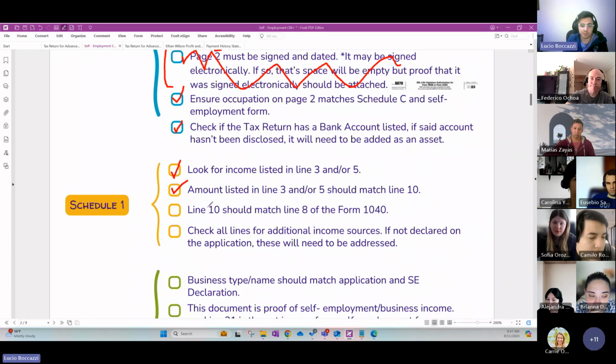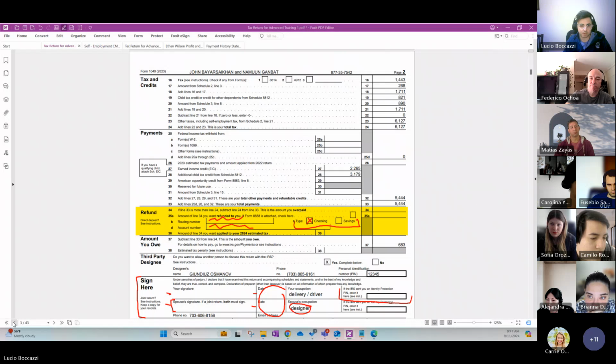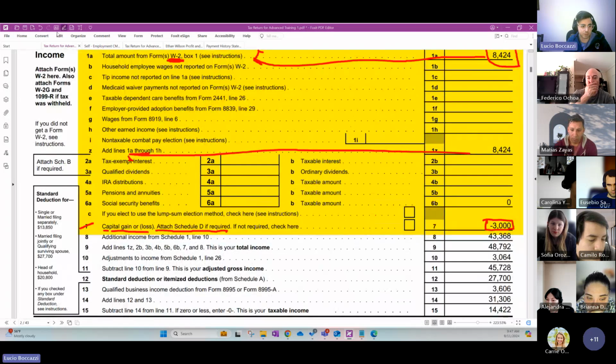And then what it tells us here is that line 10 should also match line 8 on the 1040 form. So let's go back to the 1040 form. If I look for line 8, which is this one here, I see that it does match.